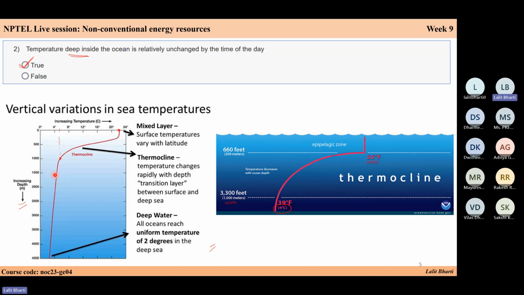Around 1500, temperature is near 4 degrees Celsius, very close. But as you go very, very deep, your temperature will still decrease, but in very low magnitude. Even at 5000, your temperature will be a little more than 2. So you are seeing a difference of only 1 or 2 degrees.